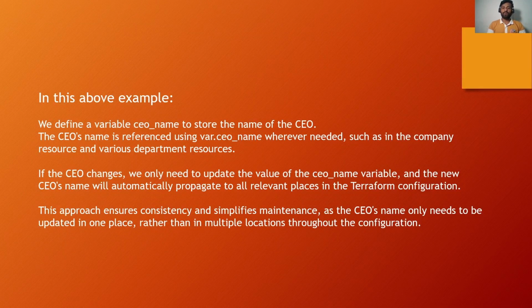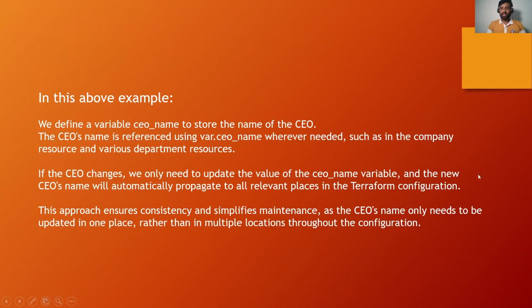So in the above example, we defined a variable ceo_name to store the name of the CEO. The CEO's name is referenced using var.ceo_name wherever needed, such as in the company resource and various department resources. If the CEO changes, we only need to update the value of the ceo_name variable. I had told you already, we need to change the value for ceo_name in the variable.